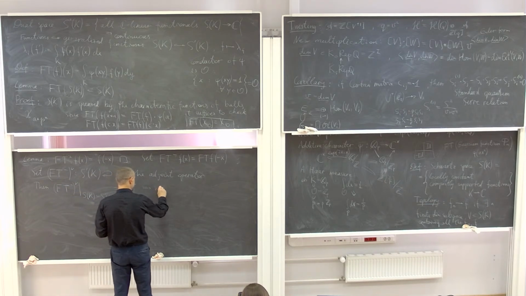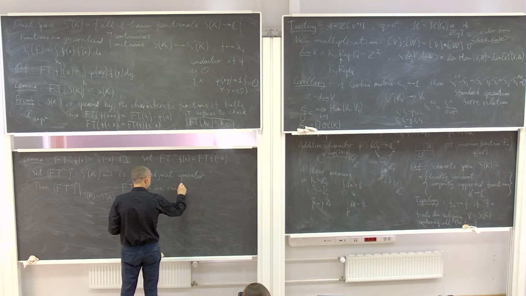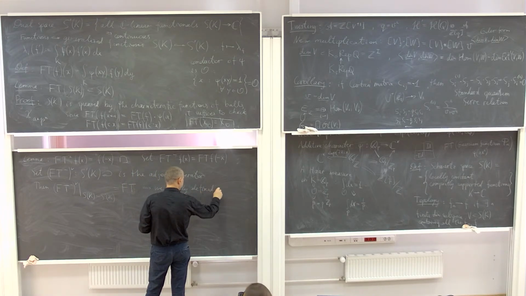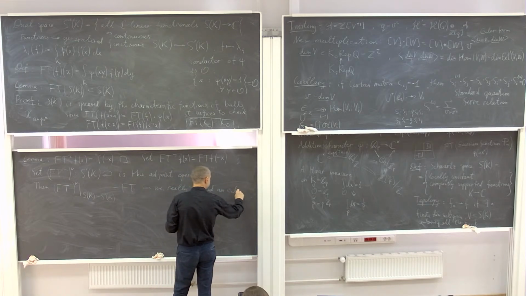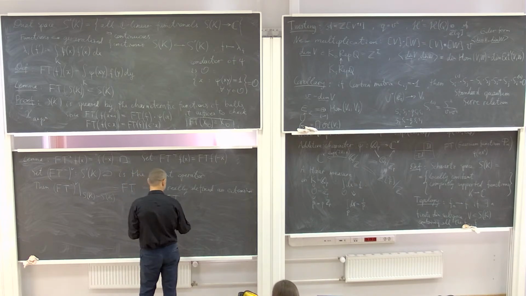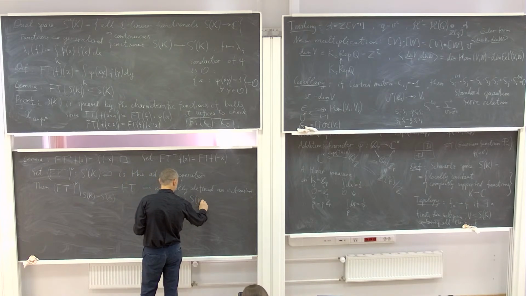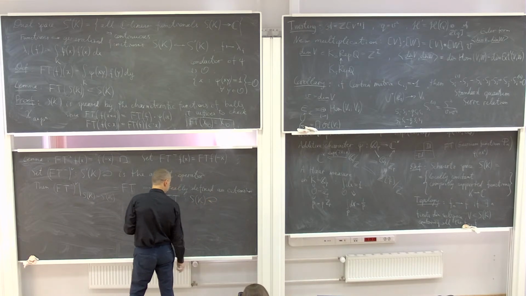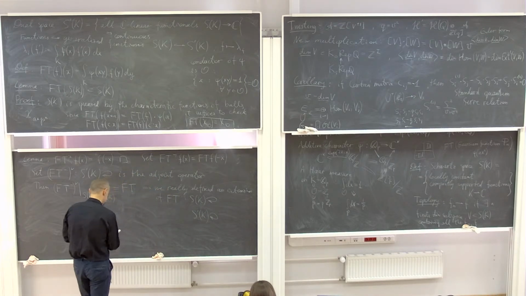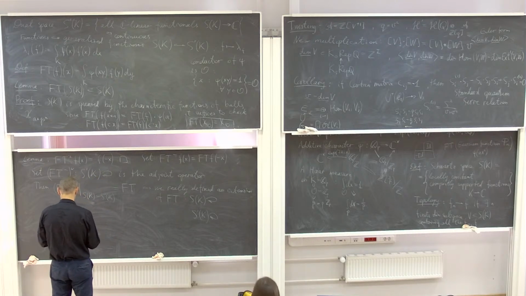So we really defined an extension of the Fourier transform from an endomorphism of the Schwartz space to an endomorphism of the dual Schwartz space. Okay.